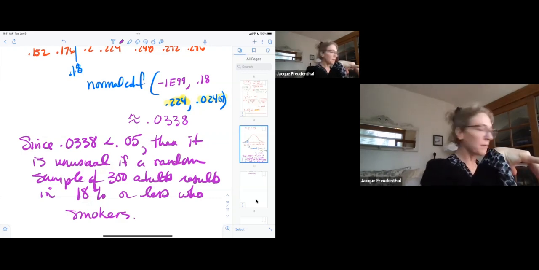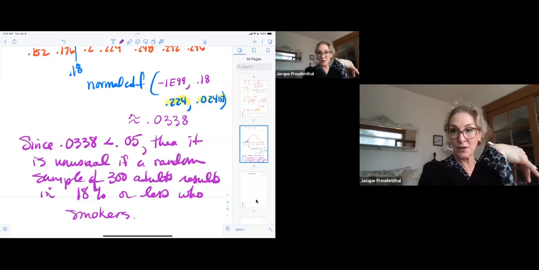Okay, so those two problems represented 8.1 and 8.2.